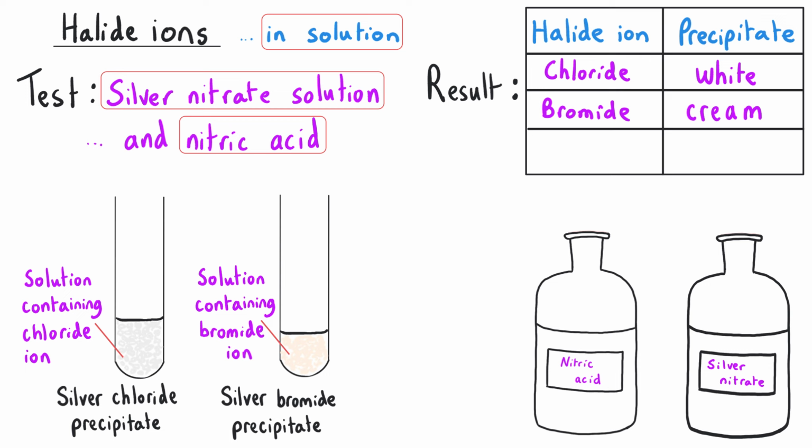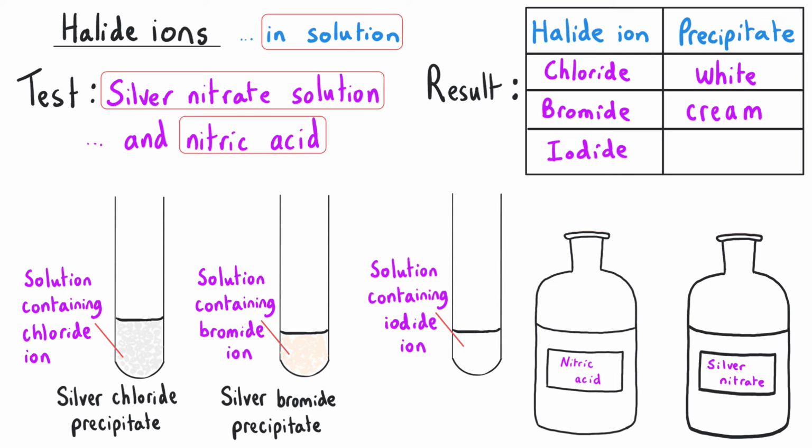And if we had a third test tube that we suspected contained the iodide ion in solution, we would add again the nitric acid from a pipette and again the silver nitrate, and we would see a distinctive yellow precipitate, proving that we have produced silver iodide, which is insoluble in water, hence the precipitate, and proving that originally we did have that iodide ion present in solution.